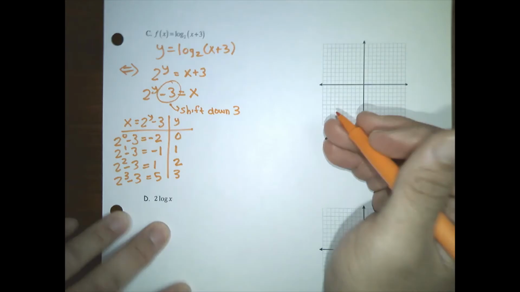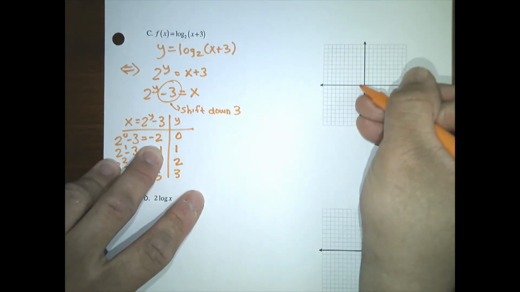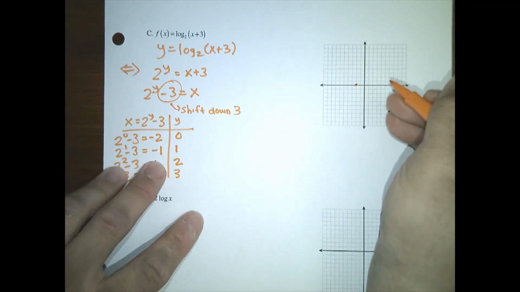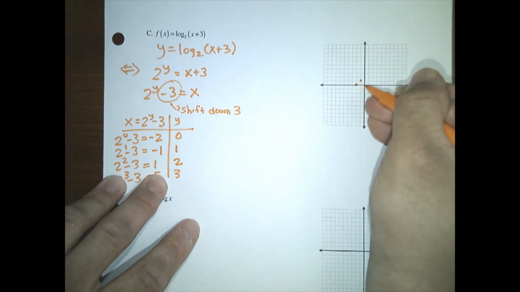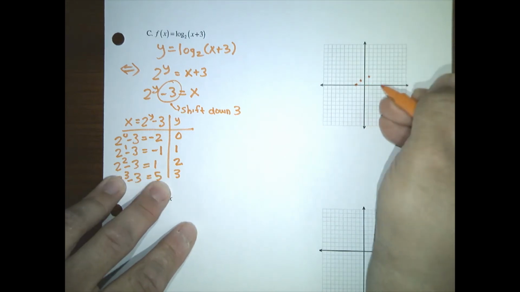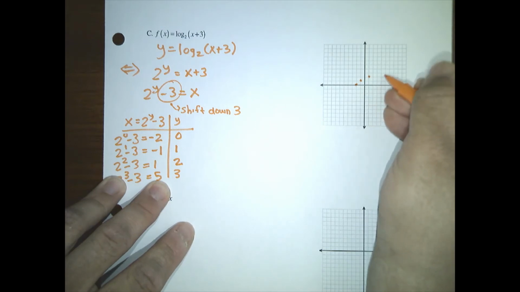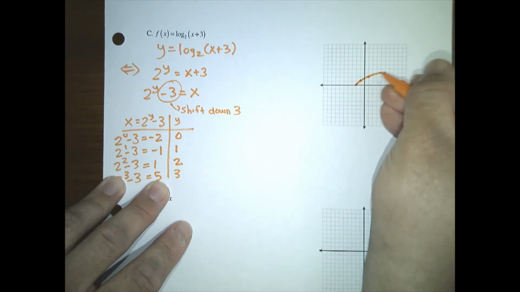So we have negative 2, 0. Then negative 1, 1. Then 1, 2. And 5, 3. So it looks like this.